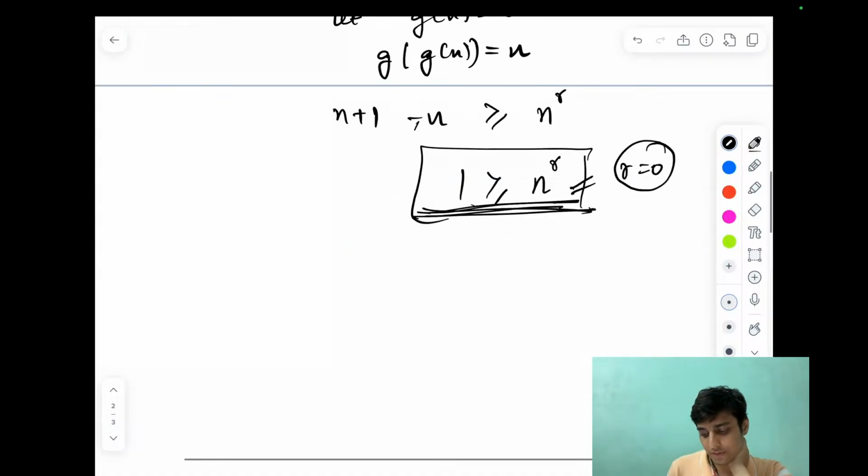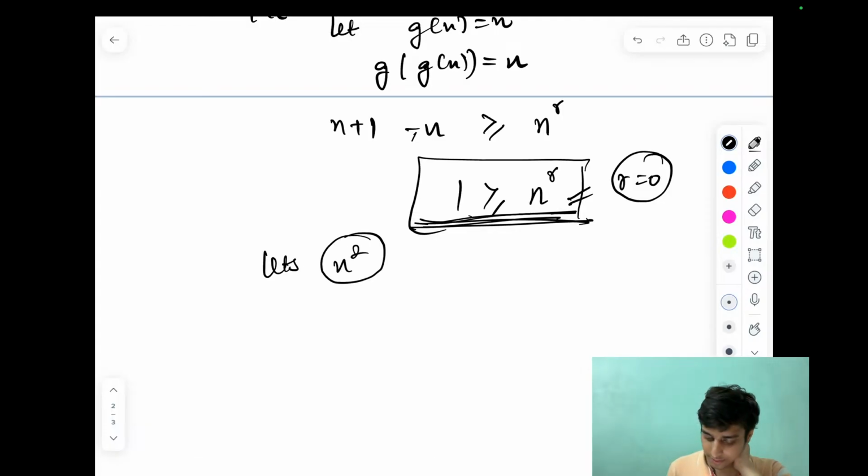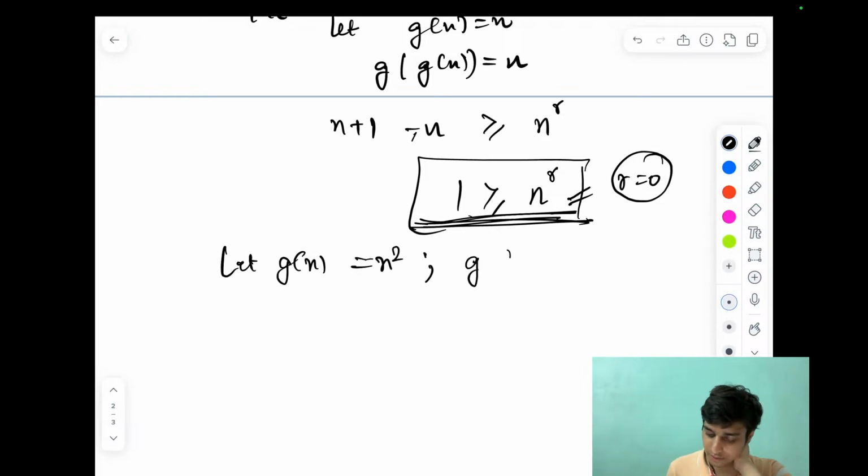So we have to suppose some other kind of function that's increasing. So let's go to the format of n to the power s. Let's take n square. If I say g of n to be n squared, then g of n plus 1 would be n to the power 4.